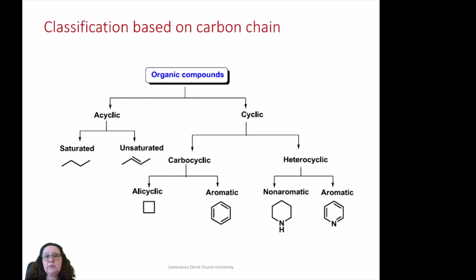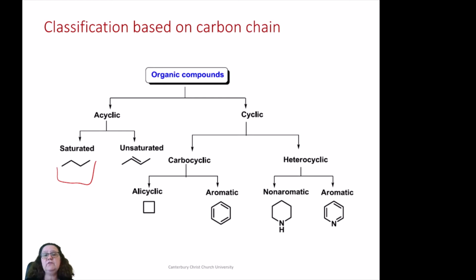The first step in the classification would be to separate them into acyclic and cyclic compounds. Acyclic compounds can be saturated, so no double or triple bonds, or unsaturated with one or more double or triple bonds. If you have a cyclic compound, you typically have a carbocyclic compound, and that is a cyclic compound exclusively made of carbon atoms.